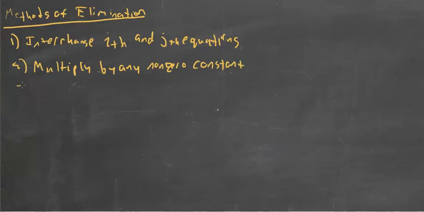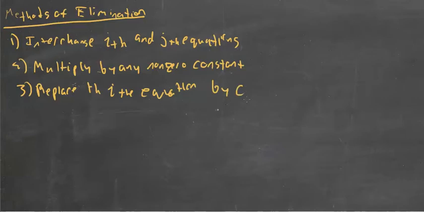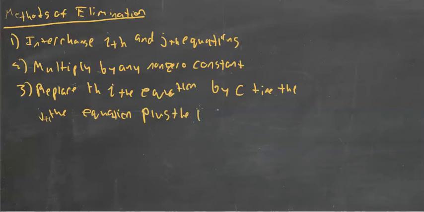And then we replace the ith equation by c, which is any constant value, times the jth equation, plus the ith equation. And in this case, i is not equal to j.